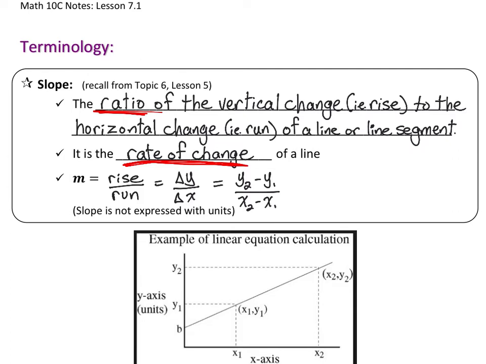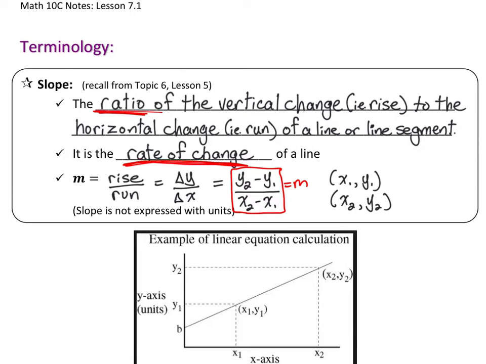So that equation, y2 minus y1 over x2 minus x1, is the slope formula if you're given 2 points on the line, where 1 point is x1, y1, usually the point more to the left, and the point more to the right has coordinates x2, y2. Slope is never expressed with units, it's just a number that is expressing the rate of change.